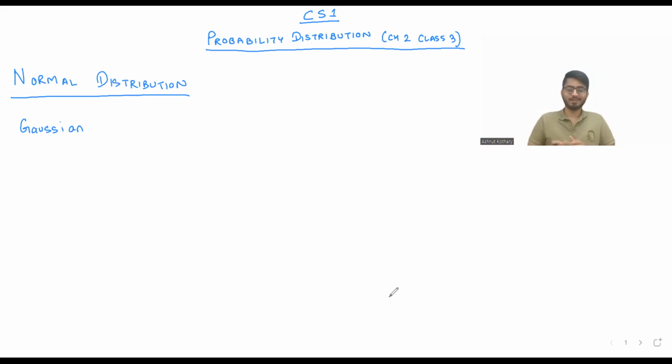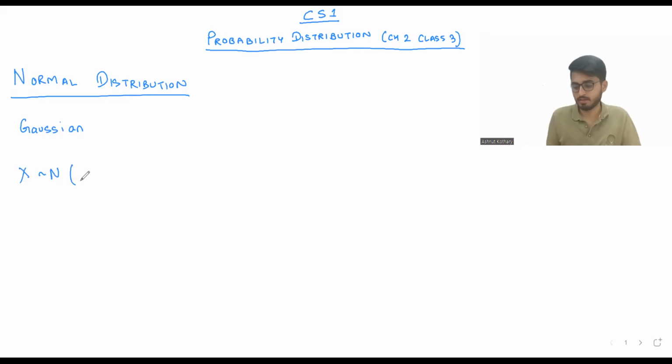Now, slowly and steadily, let's take a look at the various components. To begin with, the representation. X follows normal, N of mu, comma, sigma square. We have two parameters, one is mu, the other is sigma square, and these are nothing but the mean and the variance of X as well.